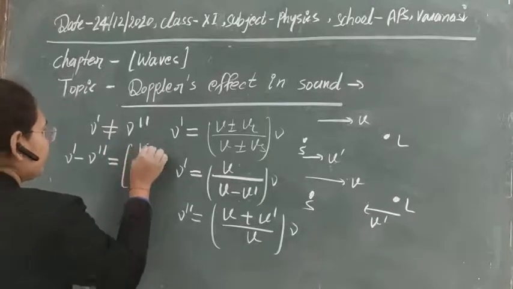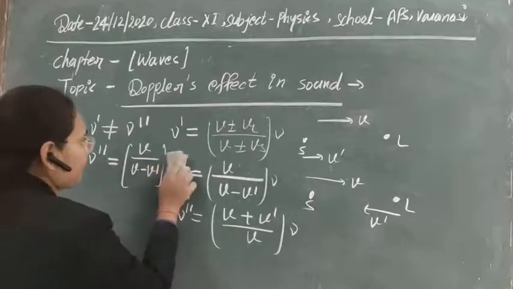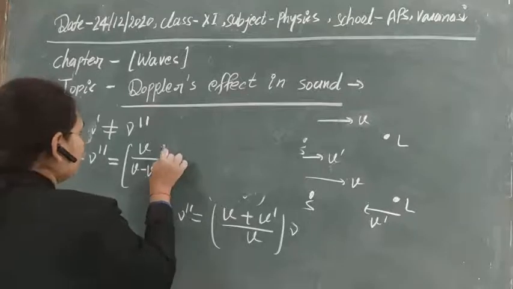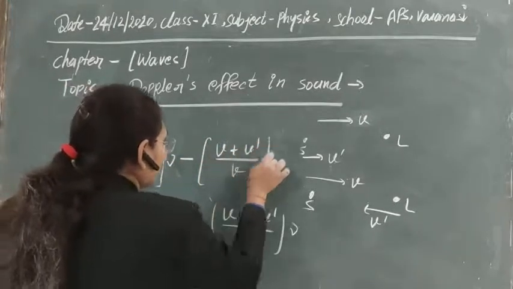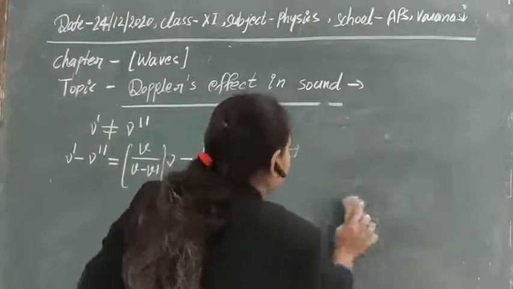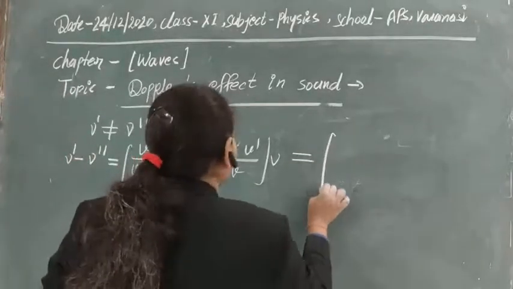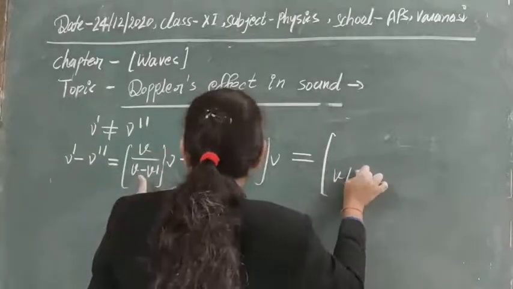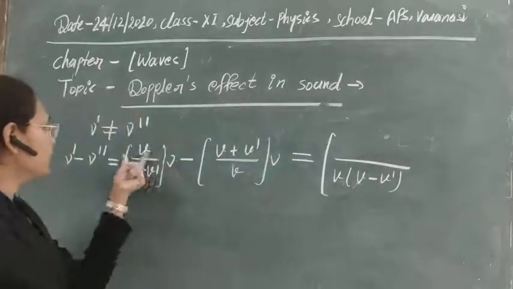So this will be v upon v minus v dash into mu, minus v plus v dash upon v into mu. After solving, this will be v, v minus v dash, and you can solve it easily by this process.